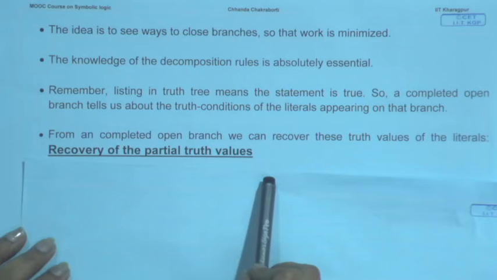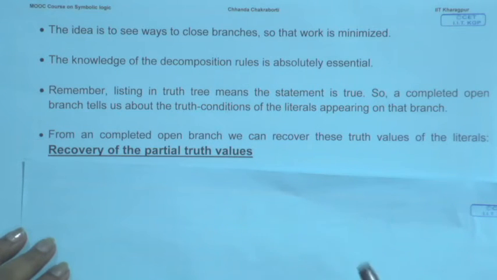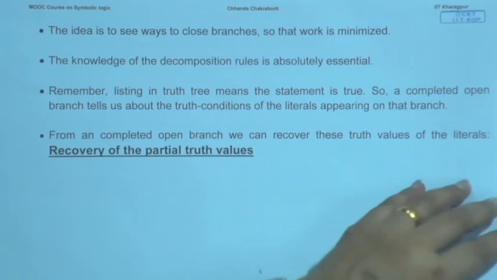So, a completed open branch shows you where the literals are going to be true. This is the reason that from a completed open branch you can recover the truth values of the literals. That process is known as recovery of the partial truth value assignment to the literals. So, let us take a look, and then maybe we can understand this better.